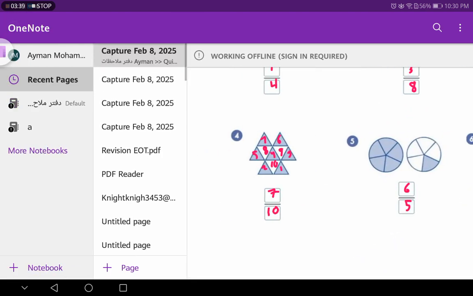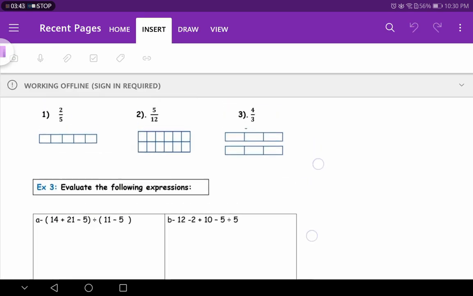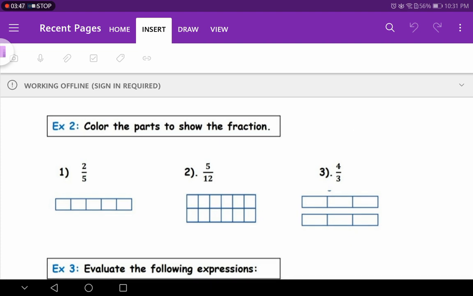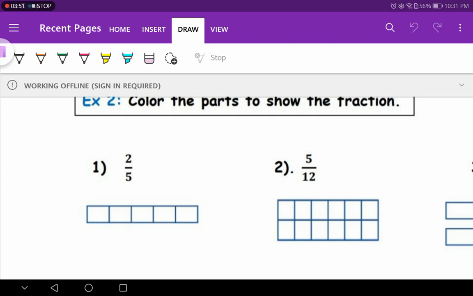Let us move to the second part, which is here. He asked me to color the parts to show the fraction. He asked me to color 2 out of 5. 1, 2. We are done. Are you happy with that? Me too.